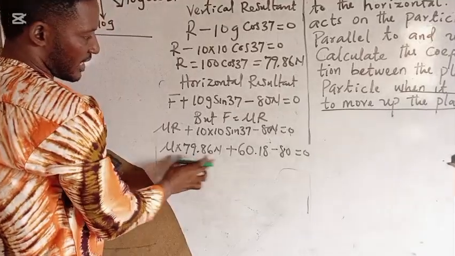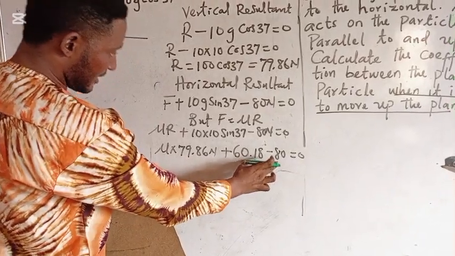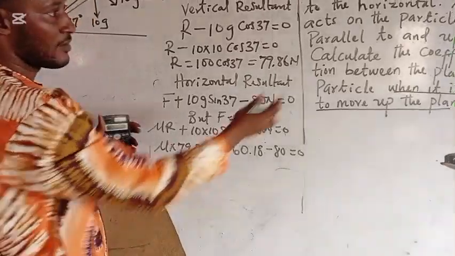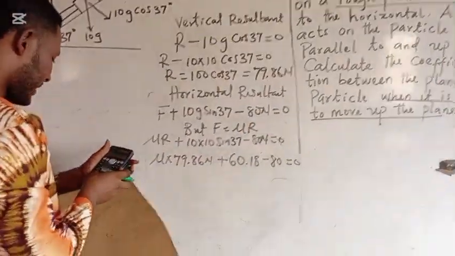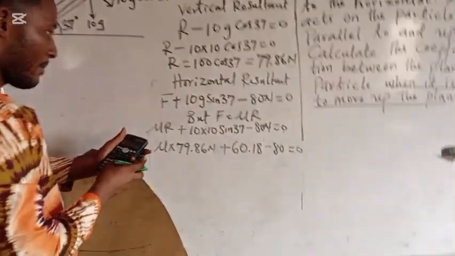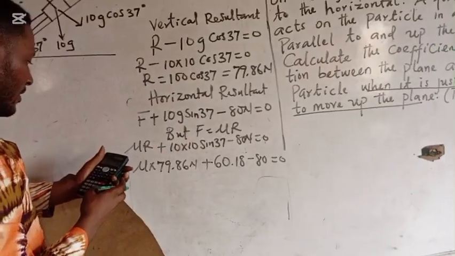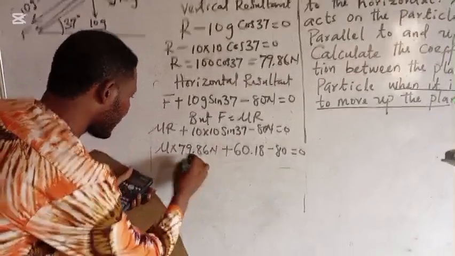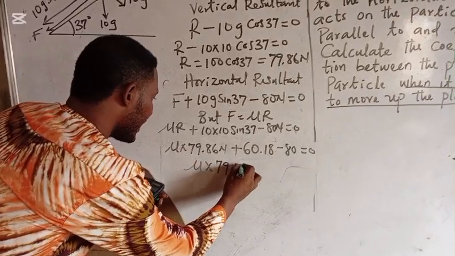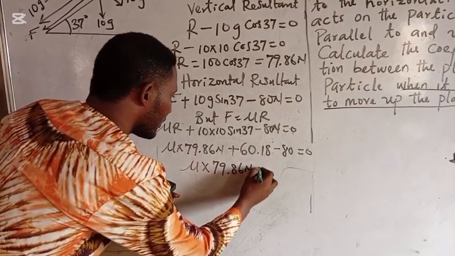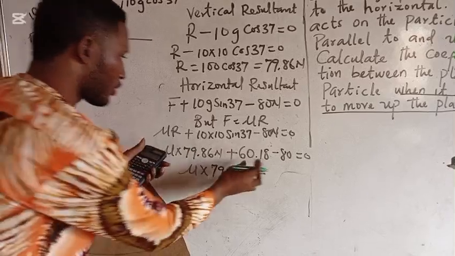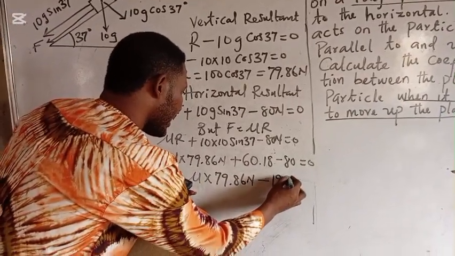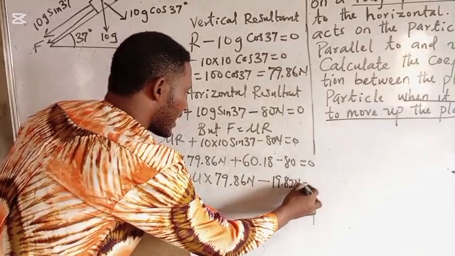What else do we need to do? Since we have a product here, we have a difference here. Let's take the difference, then we transpose to express the mu which we are looking for. Now 60.18 minus 80 newtons in this case will give us mu times 79.86 newtons minus, if you subtract 80 from this, you are going to get negative 19.82 newtons, and that equals 0.